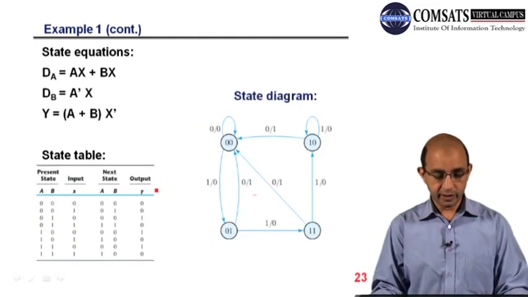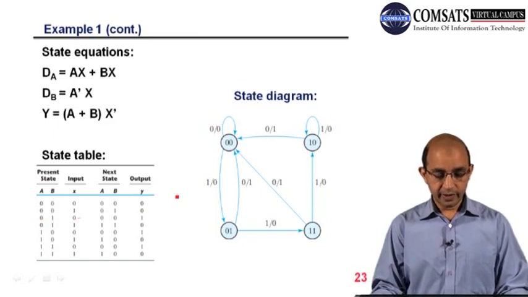Whenever we have x equal to 0, I represented those states by circles. And if I have input 0, what will be the next state? 0 0. So I will be at the same state and output is 0.